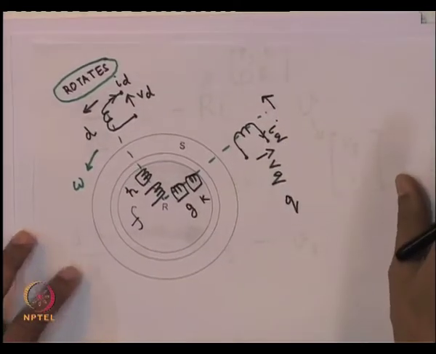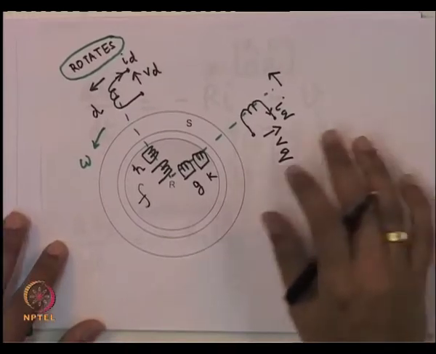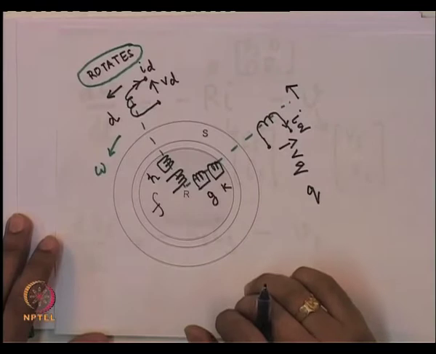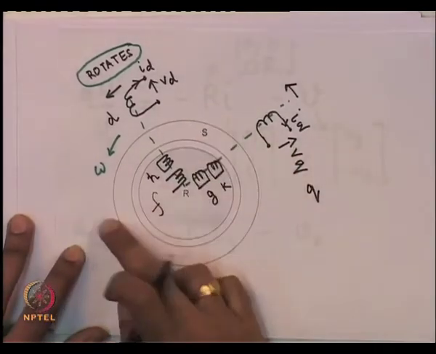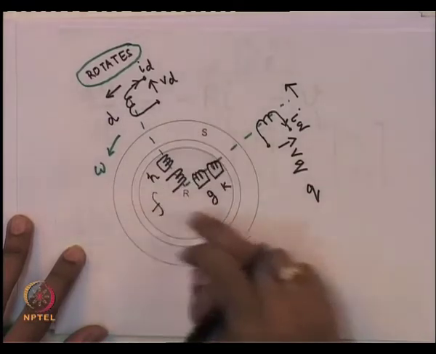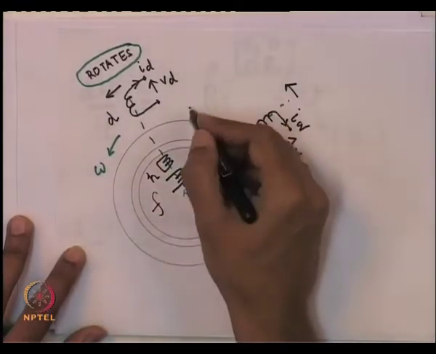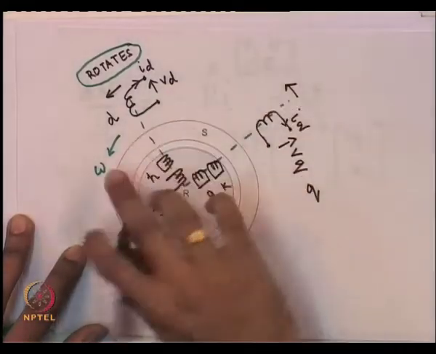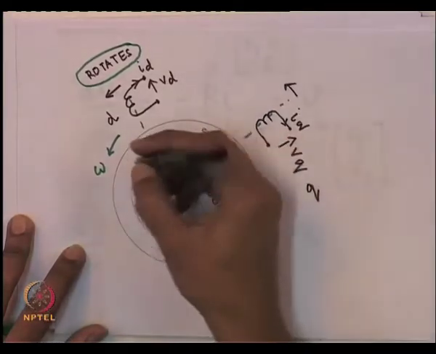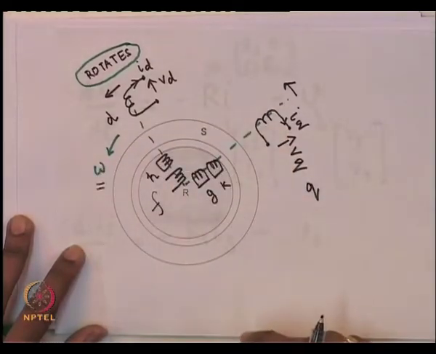In fact, it is tempting to think that this transformation has essentially represented the 3 stationary stator coils in the ABC frame of reference as 2 rotating DQ coils, which are also rotating at this angular frequency omega.